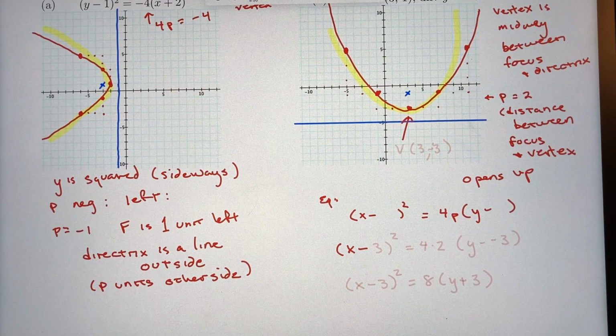Let's just label it now. It's over 3 and down 3. So x minus positive 3 squared is 4 times 2, and then y minus negative 3 without the squared. I always fill out the format first so that I remember which thing to square. And here's my final formula.